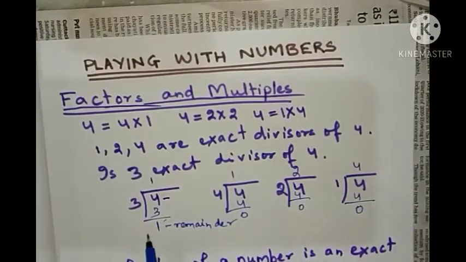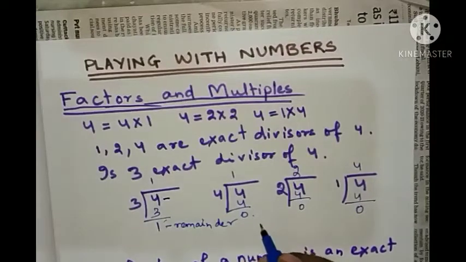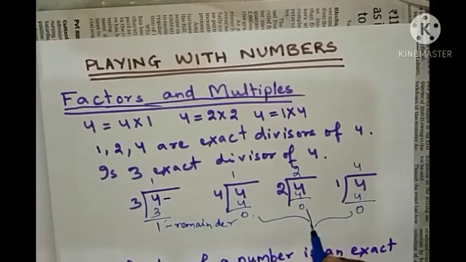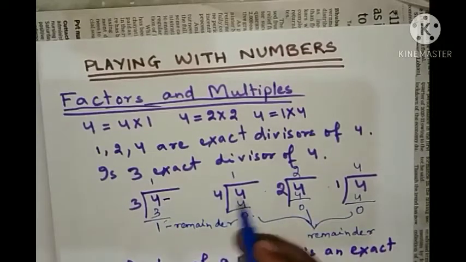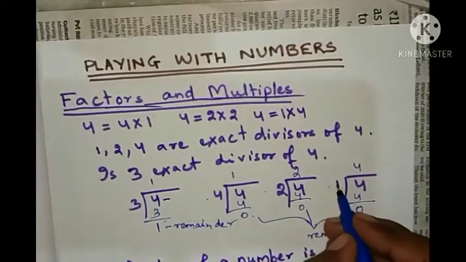But in these three cases, what are we getting? Remainder is 0. It means these 1, 2, 4 are exact divisors.